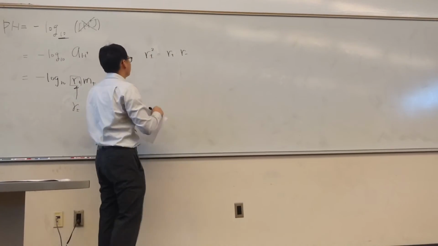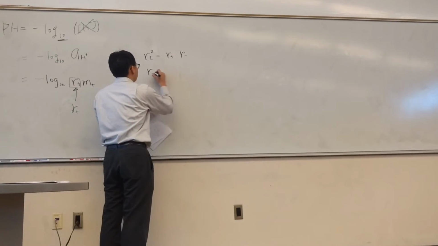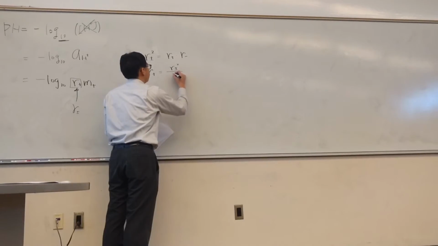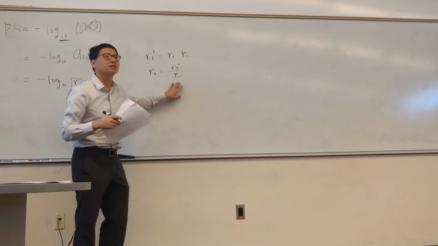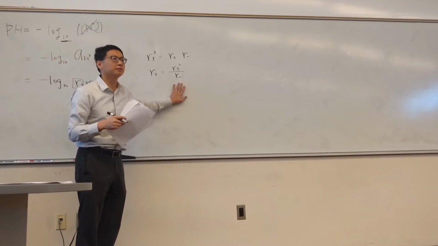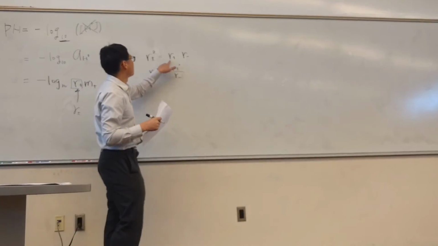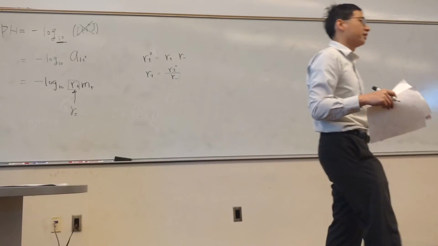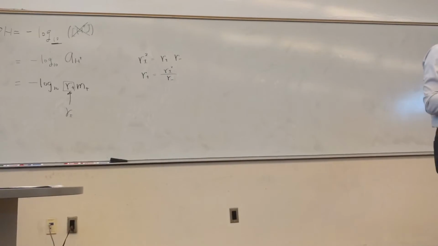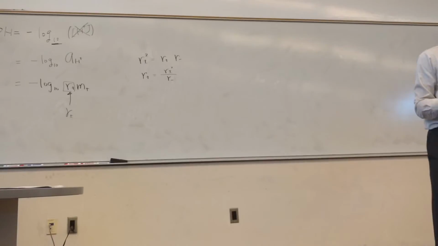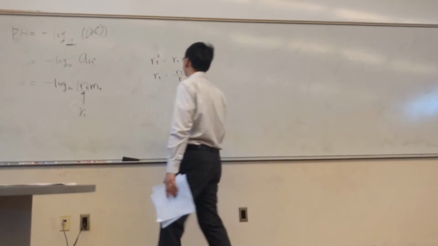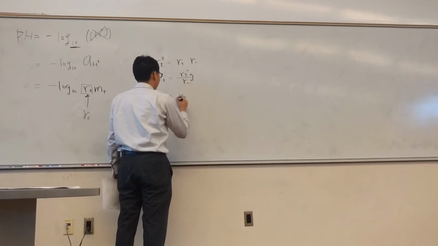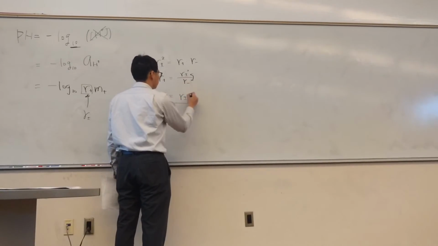Therefore, if you want to know your gamma plus, it's going to be equal to your gamma plus minus squared divided by your gamma minus. Alright? So since gamma plus and gamma minus are actually the mean ionic activity coefficient, it's the average value. So this will be equivalent to this.